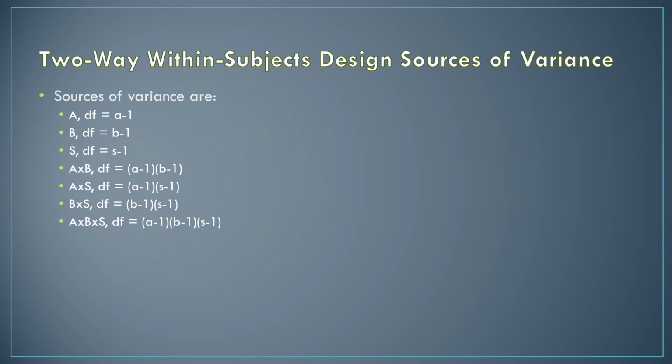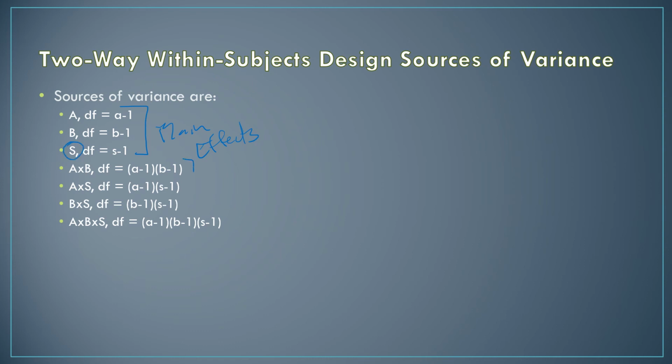The difference here is that within subjects, you have your effects from your factors, but you also have your subject variance because every subject is included in all levels of your independent variables and is essentially being compared to themselves. And so you have your main effects, where it is for each of the factors and then also your subjects.